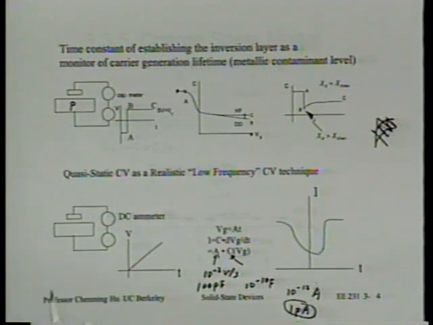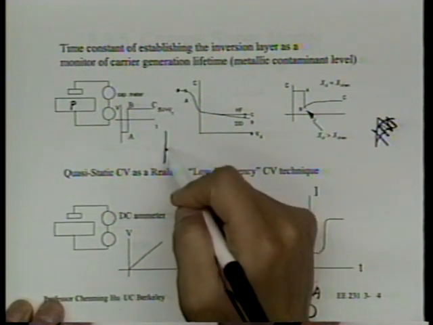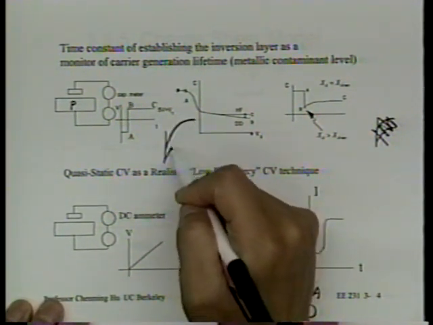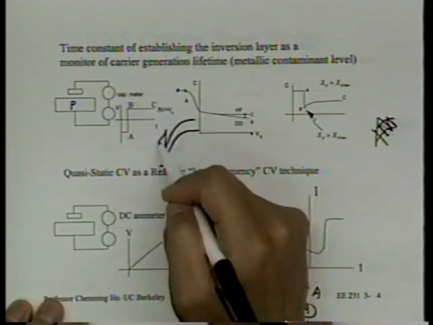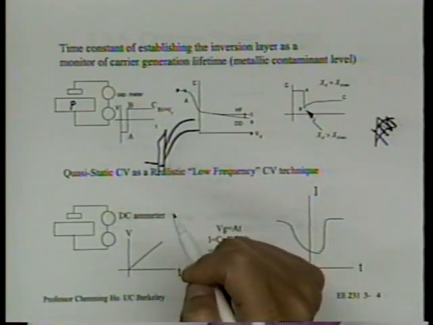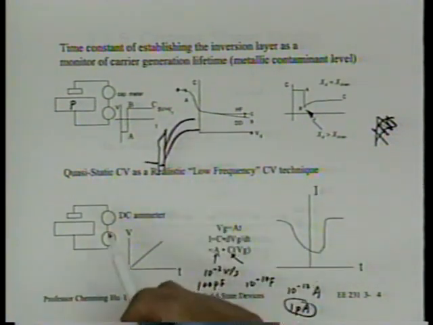If we don't have the DC inversion layer, what would this band diagram look like? The band diagram will look like this. If we don't even have a DC inversion layer, there's no reason for the band bending to saturate at 2φB. Remember the argument why band bending will saturate at 2φB?